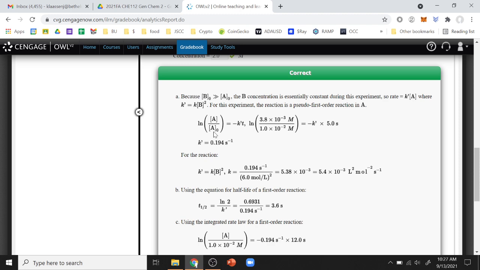So we have the one at time 0, which has the natural log of the concentration of A at time 0, in this case, right? That's going to be divided by this one right here, A, and that's going to equal negative K prime times T. Does everybody see what I'm using?